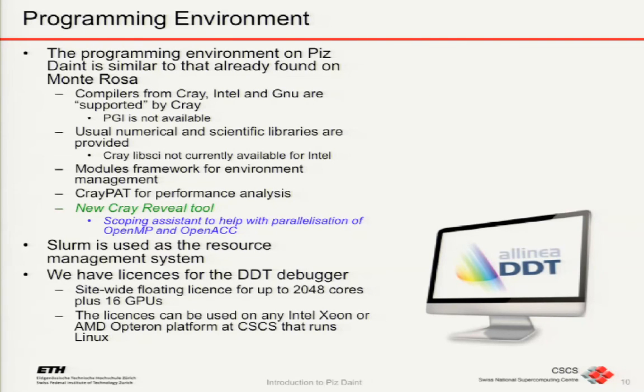And what is also the case is that for the scientific libraries, libsci is not available at the moment for Intel. Now, there is a little bit of a push around for people saying that maybe they would like Cray's scientific libraries for the Intel compiler as well. And if it's something that's of importance to you, you have to tell us so we can tell them that they have to do it. They wouldn't probably listen to us, but there is a community of other sites who have a similar approach.